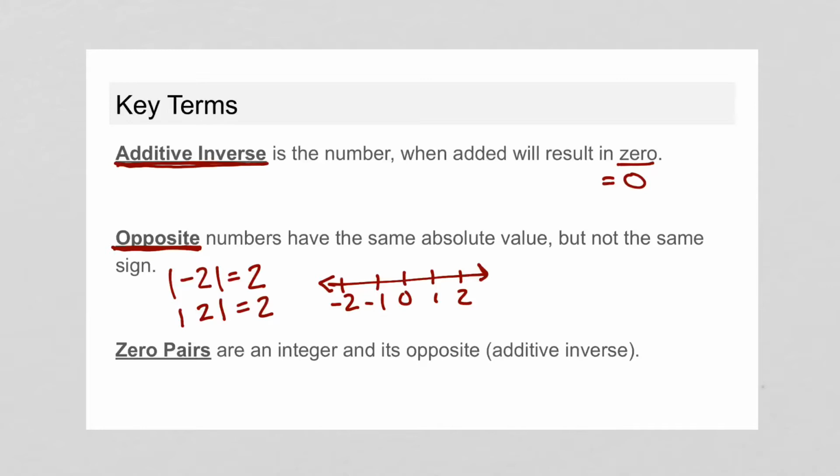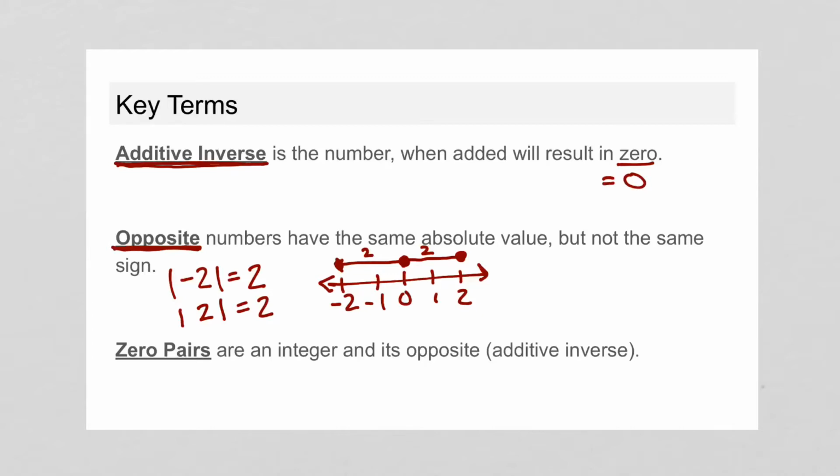So if we're looking at the absolute value, we're looking for the distance from 0 to negative 2. That was 2 units. But the distance from 0 to positive 2, that was also 2 units. So absolute value was always positive because it was the number of spaces from 0 on the number line.